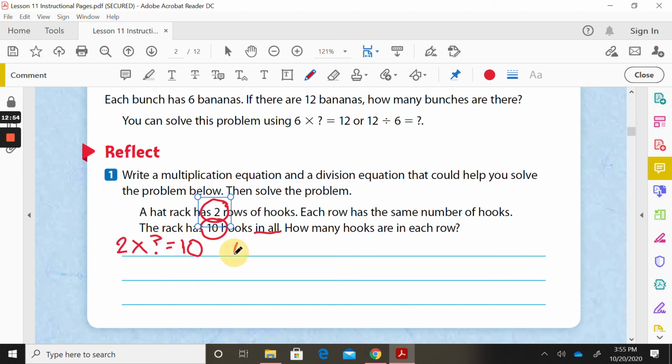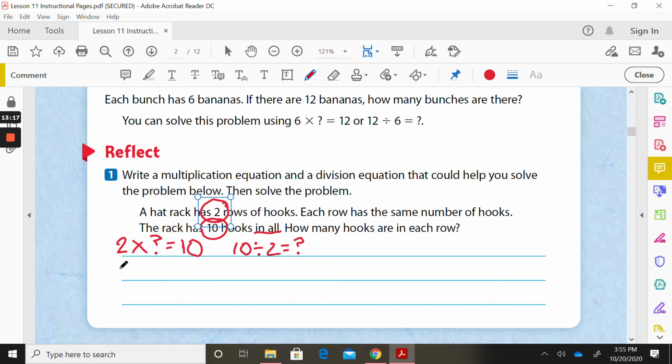If I were going to write a division, I would take the total first and divide by 2. And that would give me the unknown. It would give me the number of hooks that are in each row. Now, there are many different strategies that we can use to solve this.